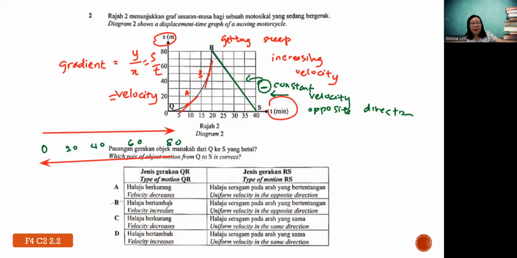So A, B, C, D, which one shows velocity increases for part QR, which is this and this, right? And then for RS, constant velocity in the opposite direction, correct? Yes, this one is correct. No, this one is not the same direction. So of course, the answer is B: increasing velocity, uniform velocity in the opposite direction.